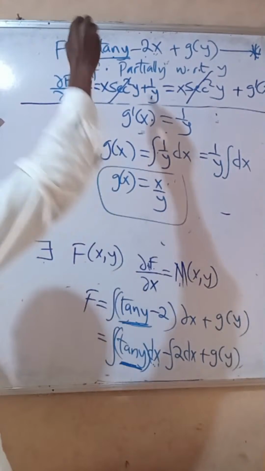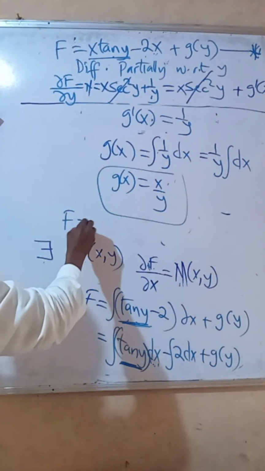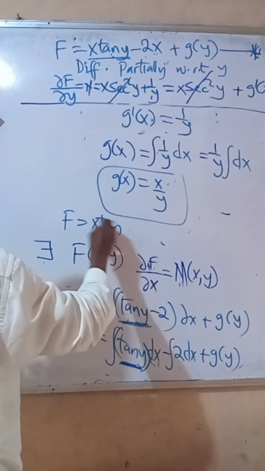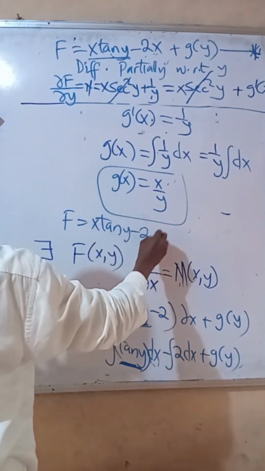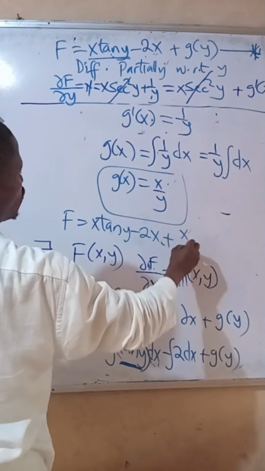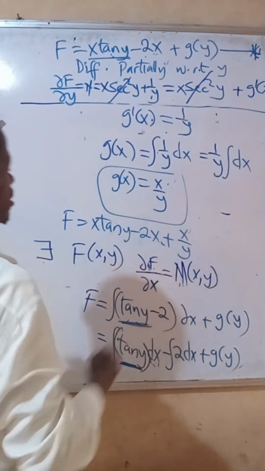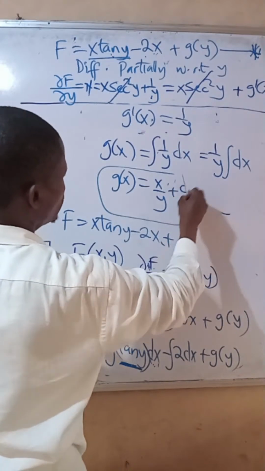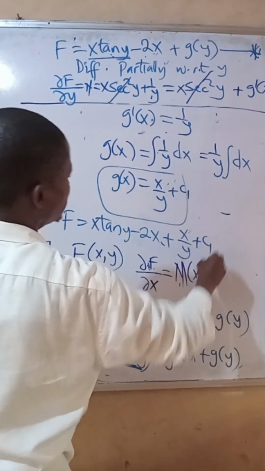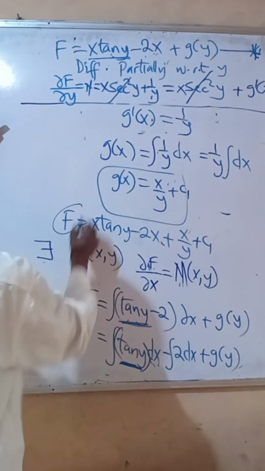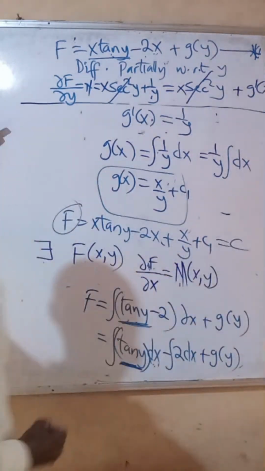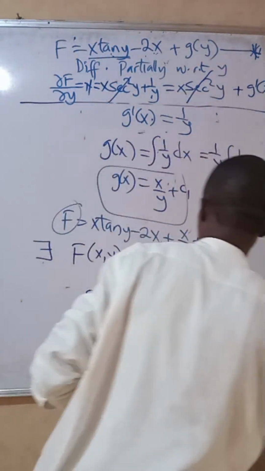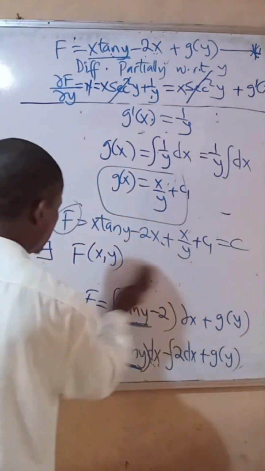So then go back to your f equation. Come back here. That's x times tan y minus 2x, and then plus x over y. I didn't add these, plus c1. And your f is equal to c.